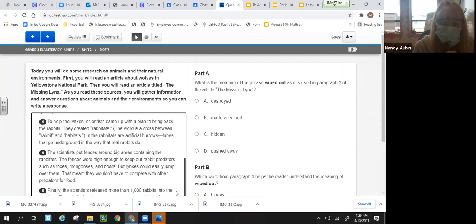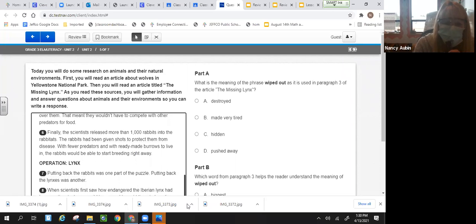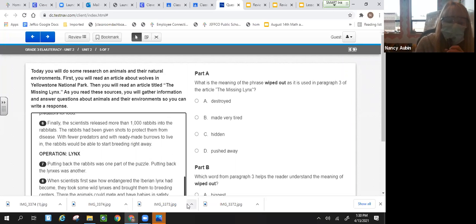But lynxes could easily jump over them. That meant they wouldn't have to compete with other predators for food. Finally, the scientists released more than 1,000 rabbits into the rabbitats. The rabbits had been given shots to protect them from disease. With fewer predators and with ready-made burrows to live in, the rabbits would be able to start breeding right away.